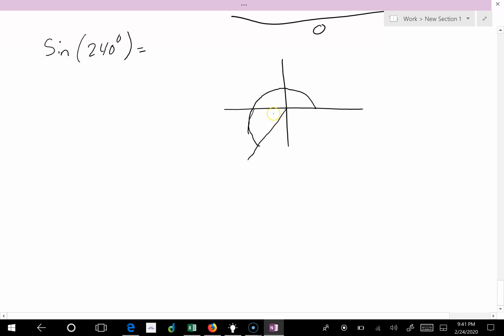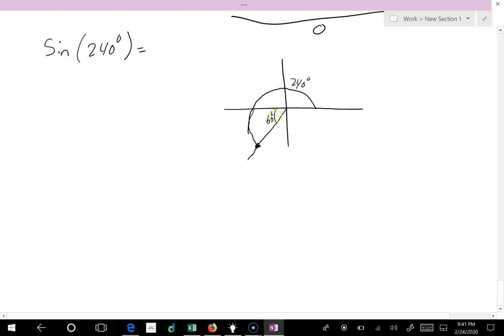So finding sine of 240 degrees is equal to... 240 is an angle that is passing 180 by 60 degrees. So somewhere right here. So the reference angle is 60, where the whole angle is 240.